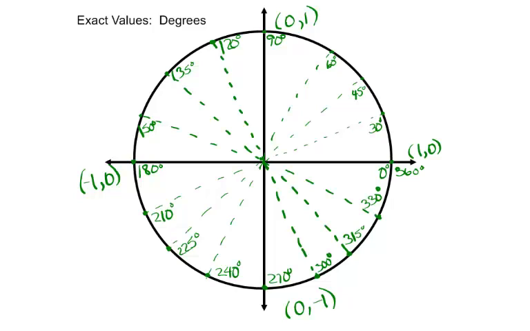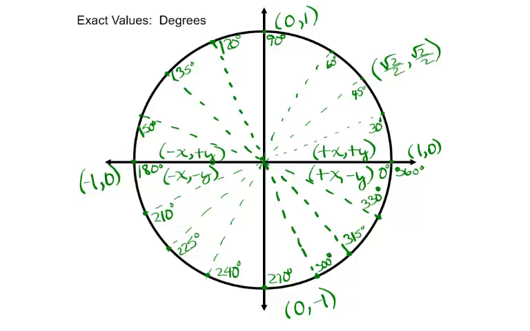Now we're going to fill out the angles that are in each quadrant. We will start with the 45-degree angle and its reference angles around the unit circle. Again, all we have to pay attention to is the sign that's happening on each coordinate in each particular quadrant. This we brought with us from algebra.